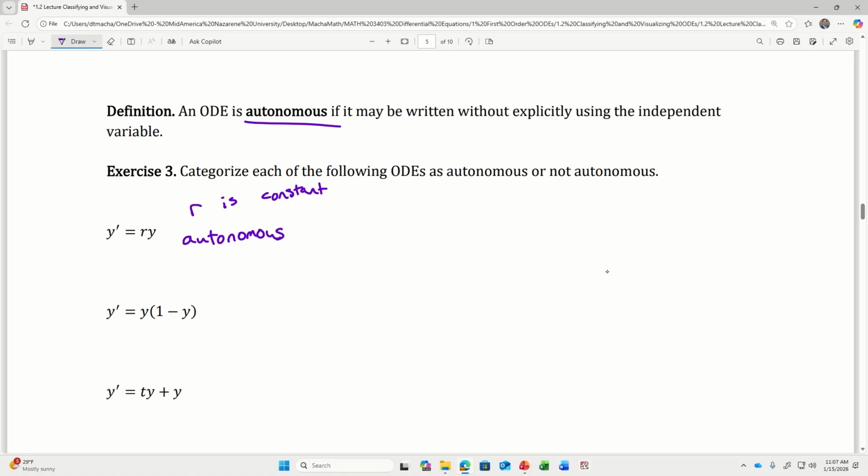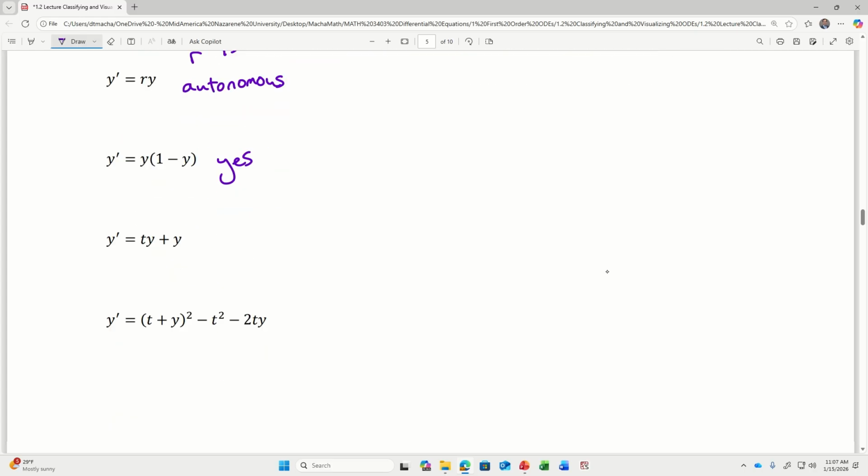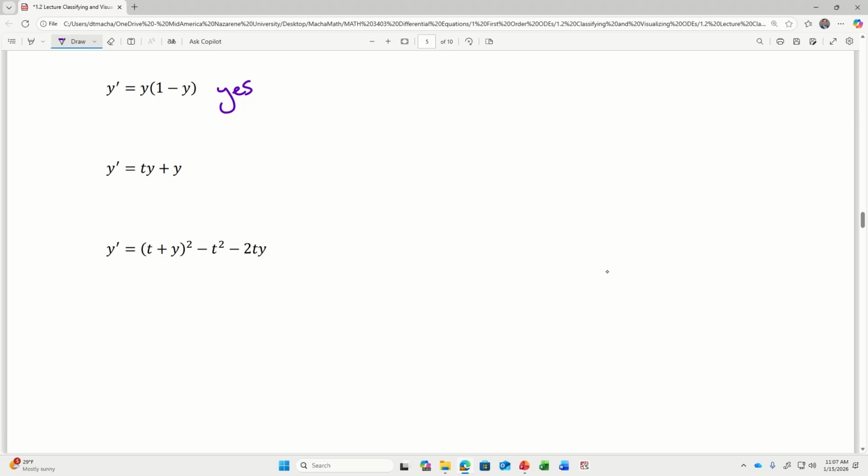What about y prime equals y times 1 minus y? Is that autonomous? Yes, that's also autonomous. What about y prime equals ty plus y? No, not autonomous.